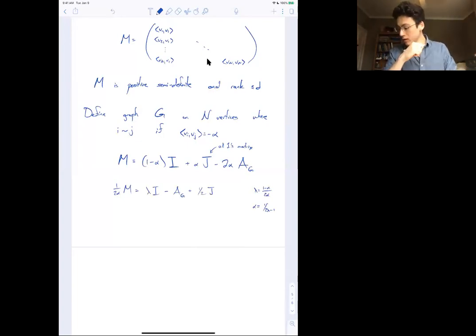Okay, so at this point, I've done some reductions, but they go both ways. I haven't lost anything yet.